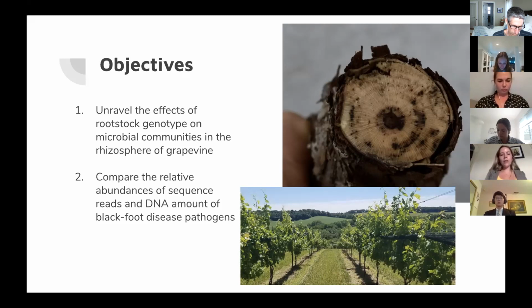The picture on the right of the little log piece is what Blackfoot disease looks like, and it is the most common pathogen that occurs in vineyards throughout the world. They also are just trying to see if the genotypes of different vineyards are affected by this pathogen differently.